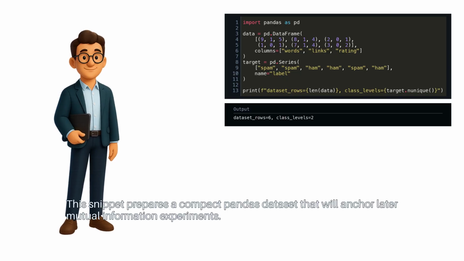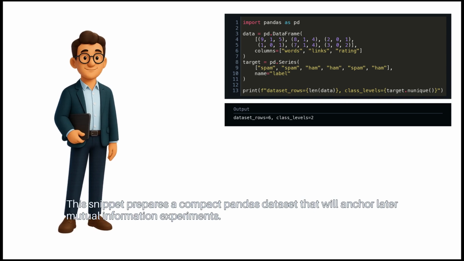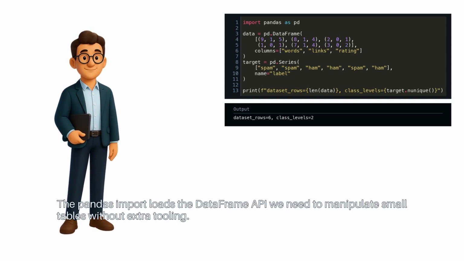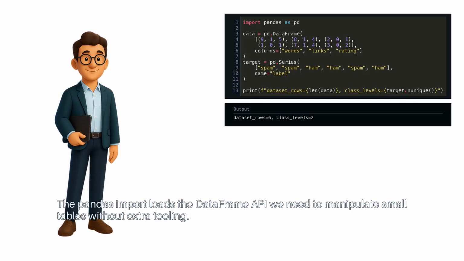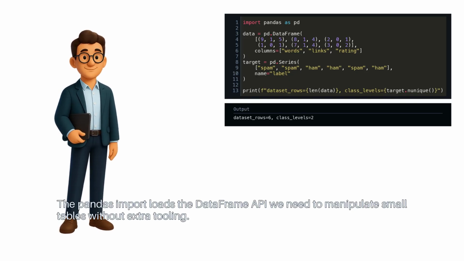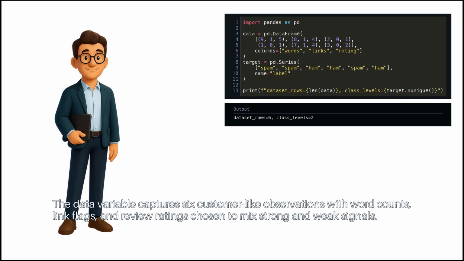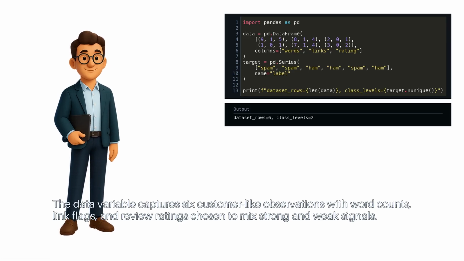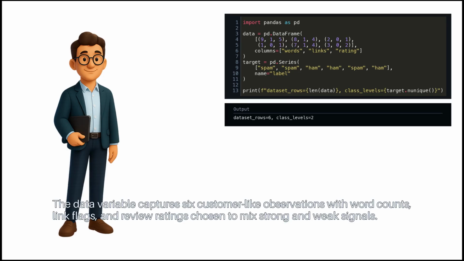This snippet prepares a compact pandas dataset that will anchor later mutual information experiments. The pandas import loads the DataFrame API we need to manipulate small tables without extra tooling. The data variable captures 6 customer-like observations with word counts, link flags, and review ratings chosen to mix strong and weak signals.